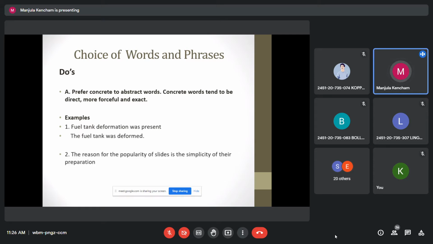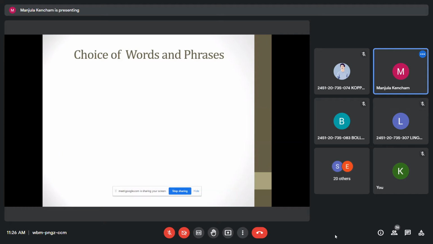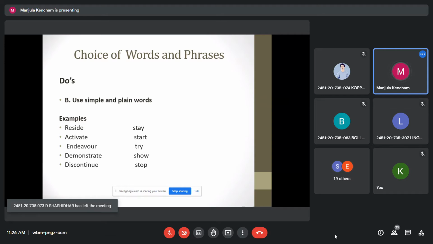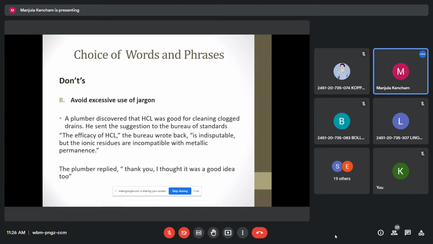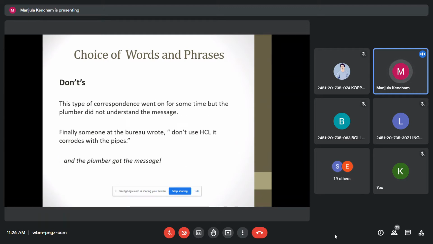These are the examples related to that. Choice of words and phrases matters to arrive at clarity in communication. So, to remove difficulty in the meaning interpretation, use simple and plain words. Don't use all these things.